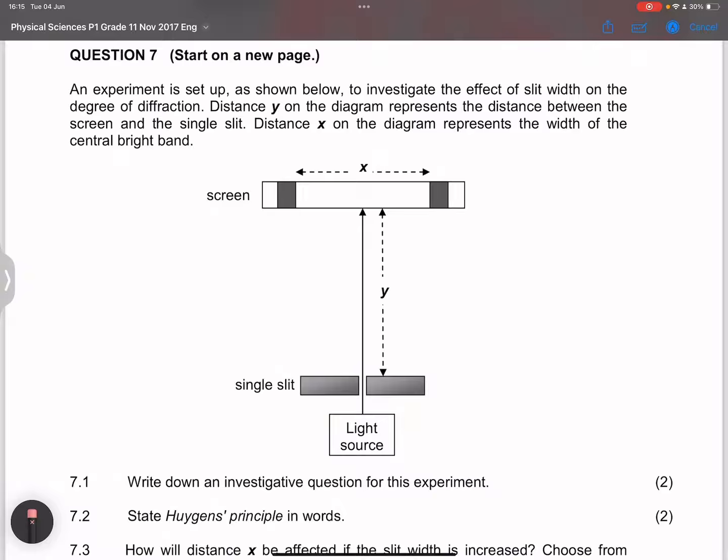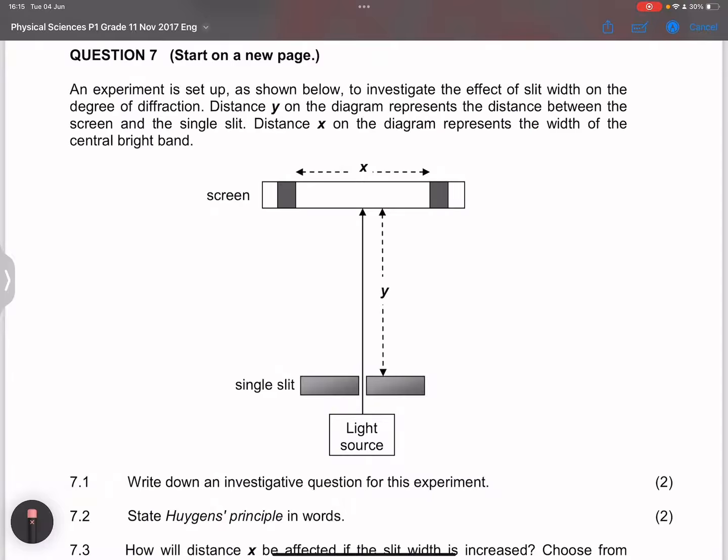Now, remember, ladies and gents, what are we trying to find out? The relationship between the slit width and the width of the central bright band, or in this case, the degree of diffraction.